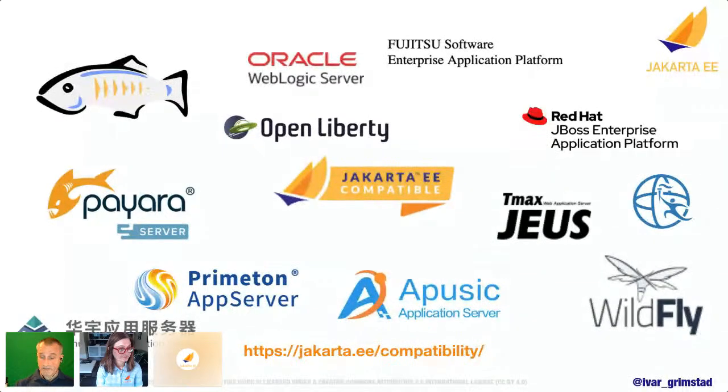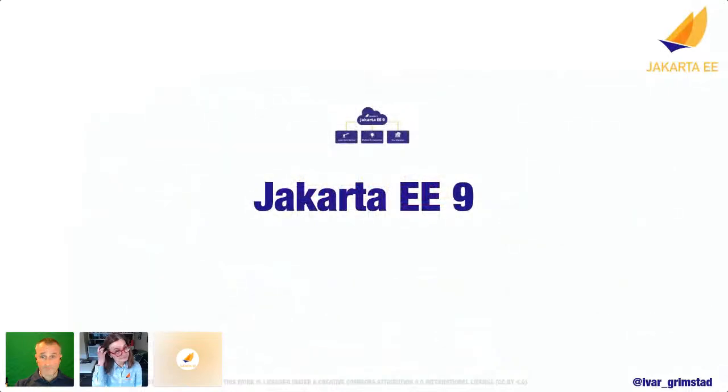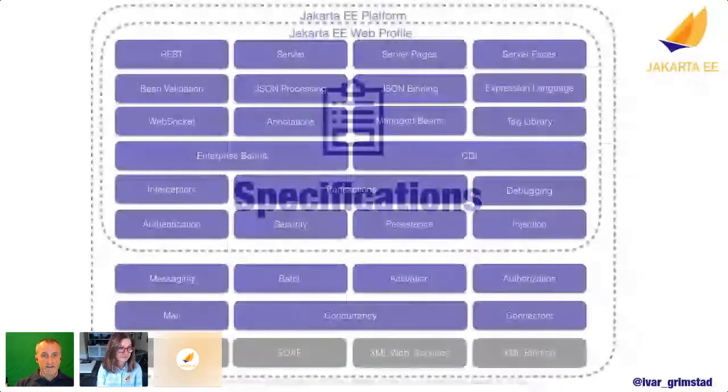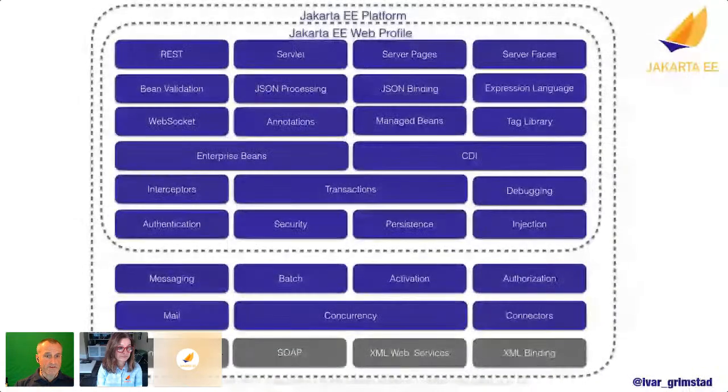Yeah. You mentioned this was Jakarta EE 8, and the current version is Jakarta EE 9. Jakarta EE 9 is a large set of specifications. It's the same specifications as were in Jakarta EE 8, only that we've taken away some stuff to make it easier.